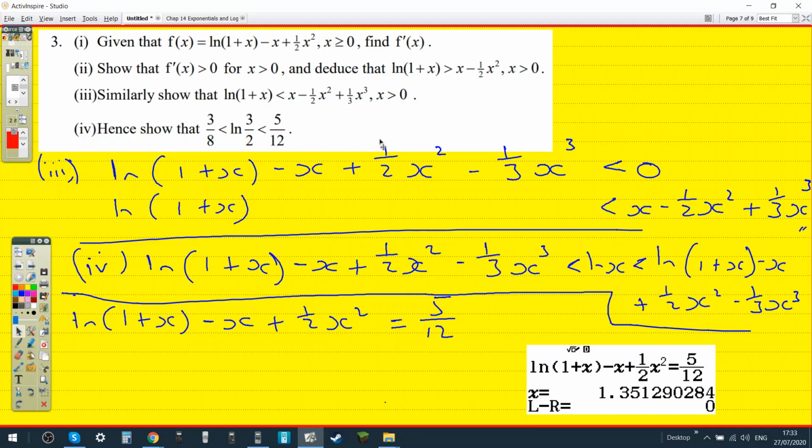So I think the ln 1 plus x bit has to equal... Okay. The inequalities are like that. Yes, they made ln 1 plus x for both of them. So you let x be equal to a half.